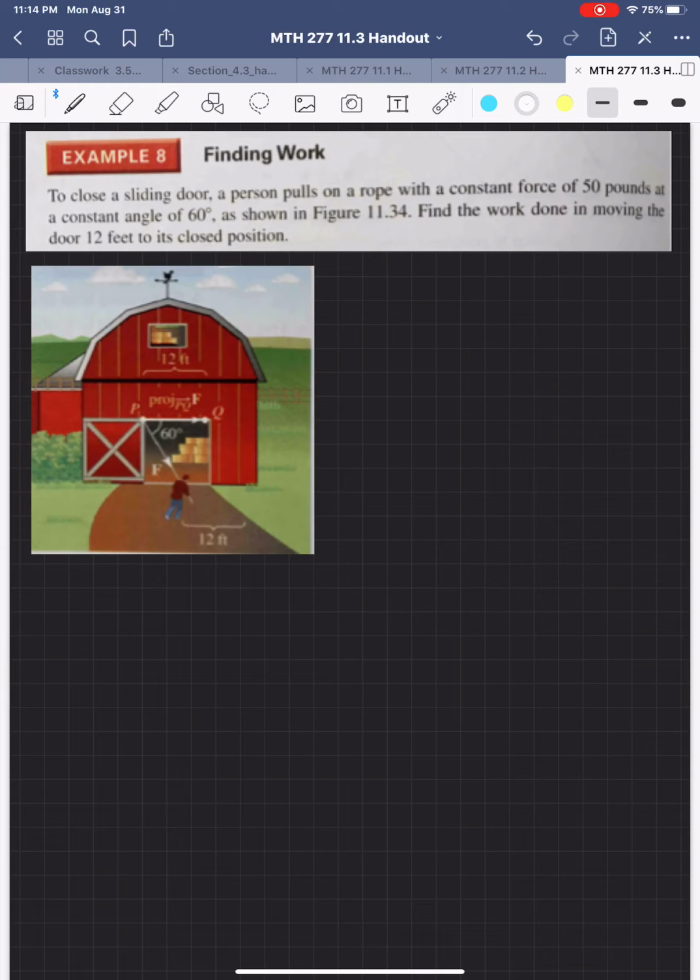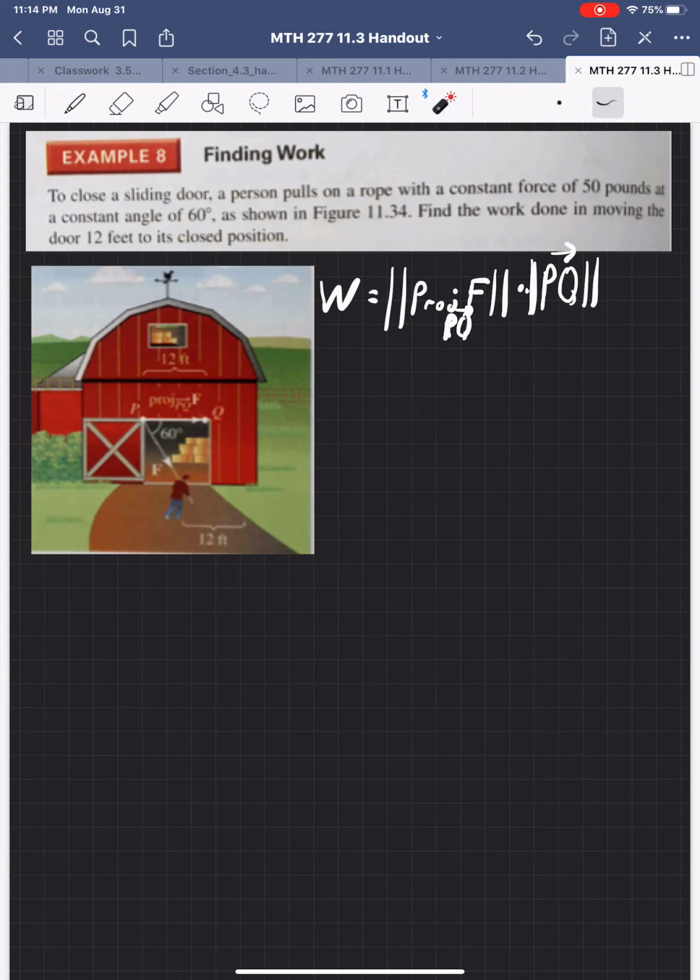Let's go ahead and start with our definition. So work is what we defined as the magnitude of the projection of that force onto that directed line segment P to Q, and that's going to be multiplied by the magnitude of P to Q. Since our individual is not applying all of the force along the line of motion, since there is an angle here, we're going to have to account for that angle.